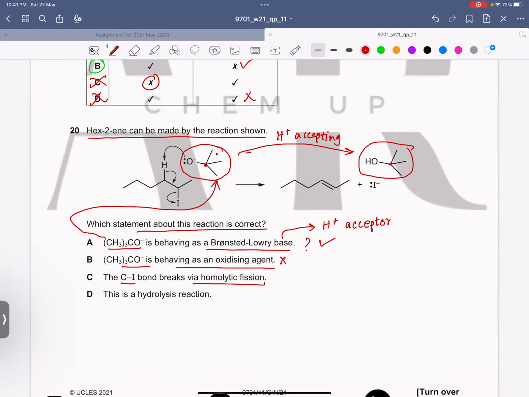We are observing the full-headed arrow, so it goes wrong because it's heterolytic fission, not homolytic fission. This is a hydrolysis reaction. No, in a hydrolysis reaction, either alkali, acid, or water is involved, not any alcohol. So D also goes wrong. So B, C, and D are the wrong ones. And A is your correct answer because it is accepting the H positive ion.